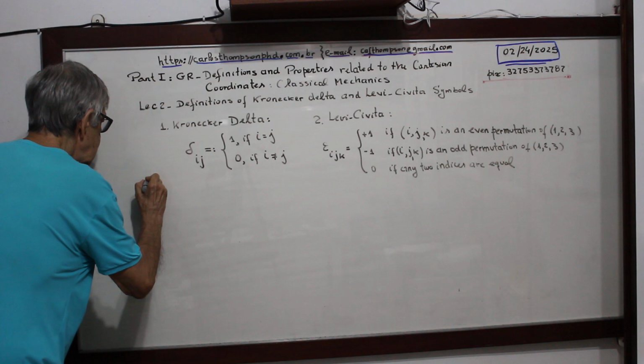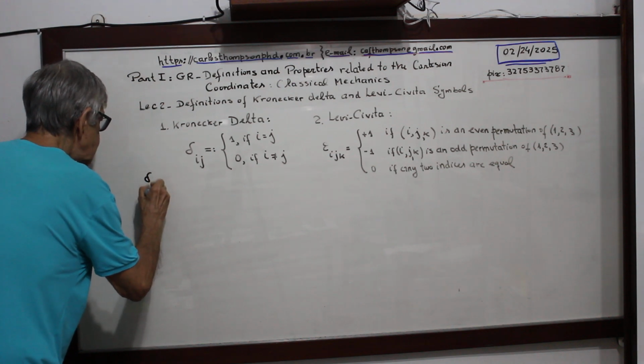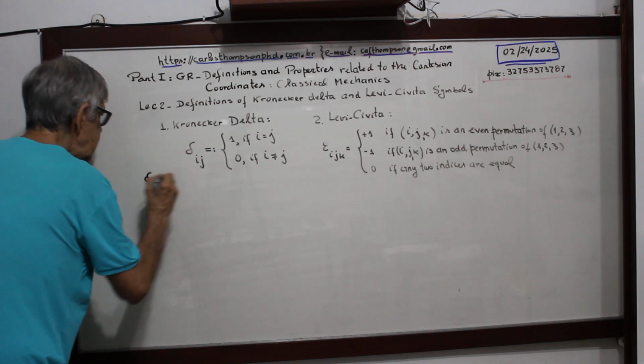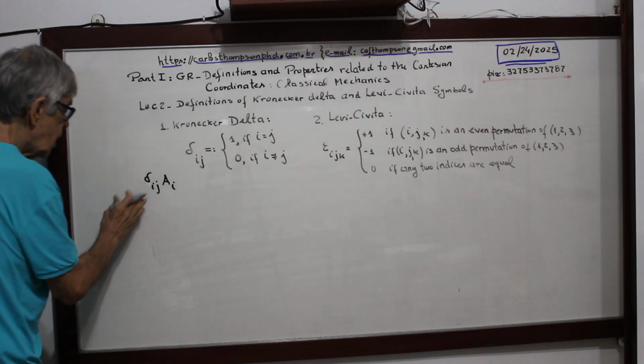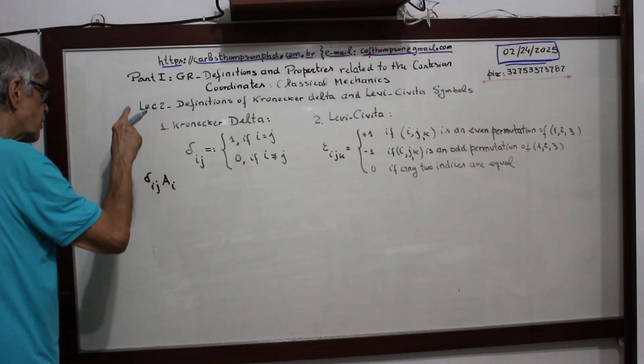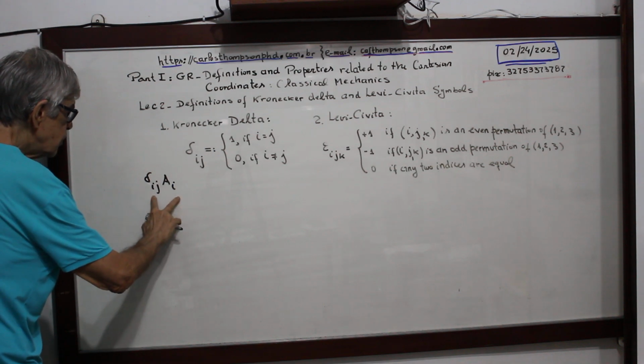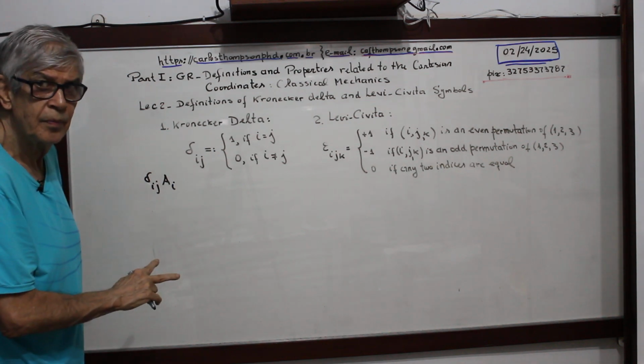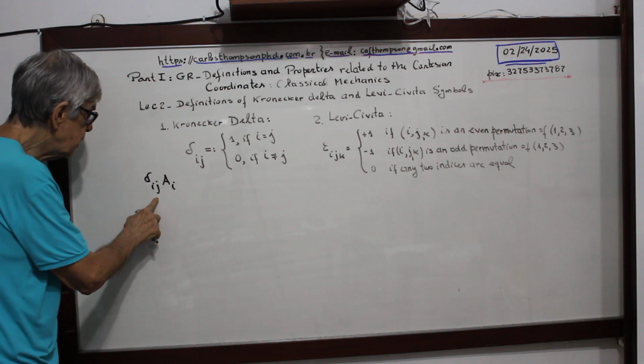So, delta ij ai. Now, attention, previous lecture: i here is dummy, j is free.